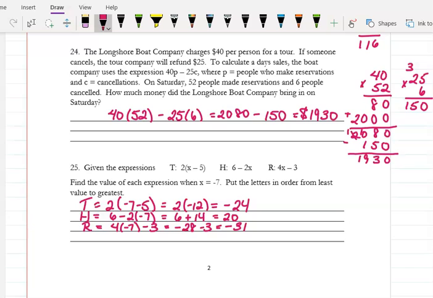Okay, now to put them in order, the lowest number, remember because we're dealing in negatives, the bigger the value, the lower it really is. So R would be the lowest, then the next negative number would be T, and then the positive number would be the highest. So R, then T, then H.